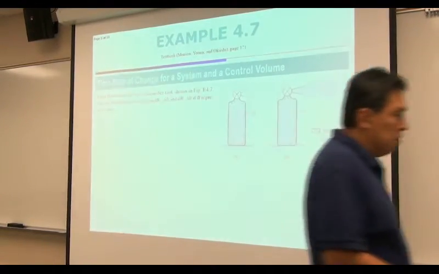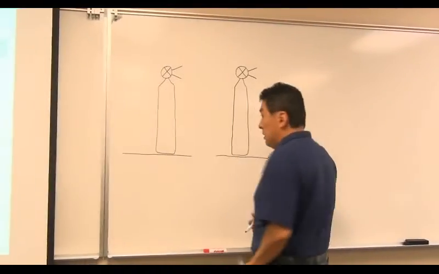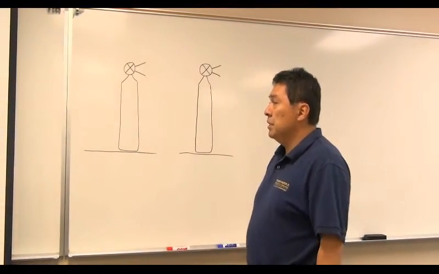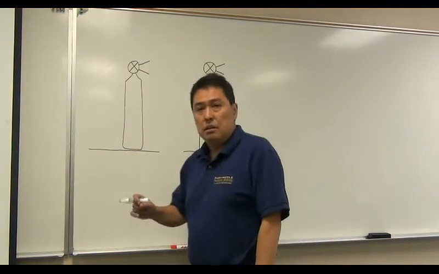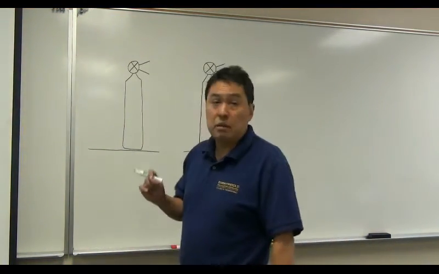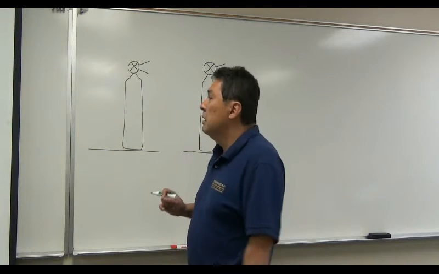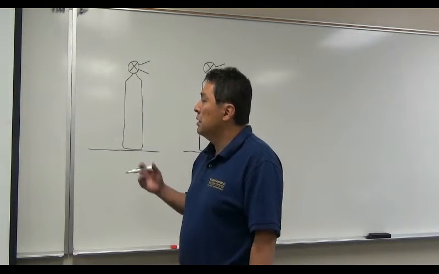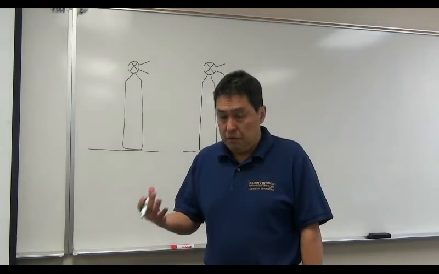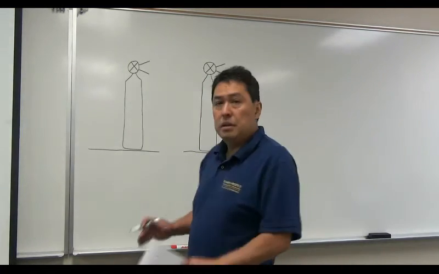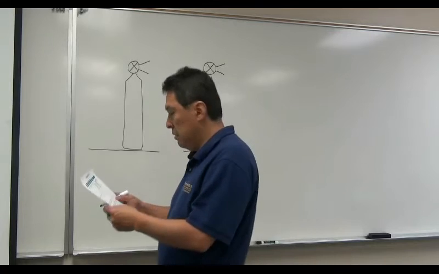Okay? So I want to analyze this by using two different kinds of methods. One is analysis using the system, which is essentially a purely Lagrangian method. And at the same time, we can do analysis using control volume, which is a purely Eulerian method. So let's compare those two.